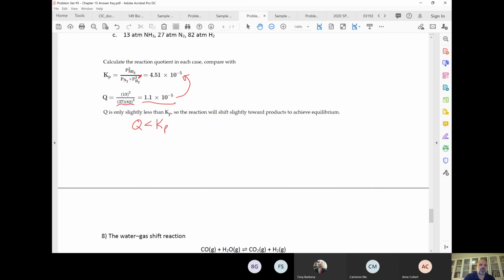So because it's smaller, we need to increase the product this time instead of decrease it. In order to increase the amount of product, to make this a larger number, more equal to the Kp given, we have to shift towards the product side.